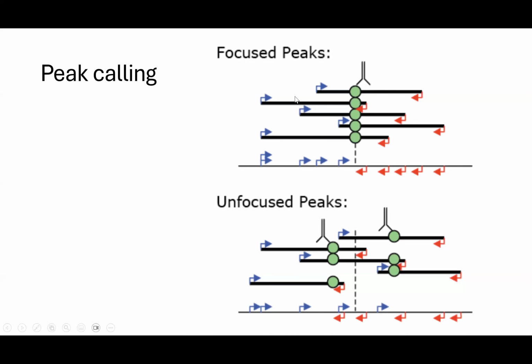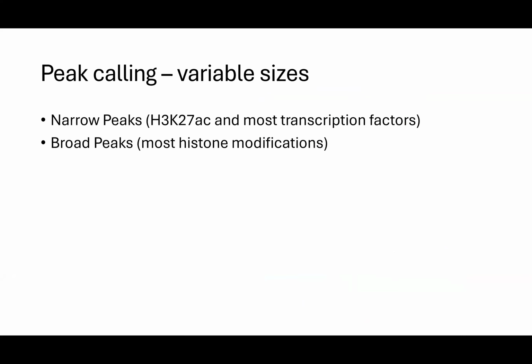HOMER calls these focused peaks and unfocused peaks, but each of them has different parameters. So what you end up getting is going to be determined by the assumptions you give the peak caller. Two things to consider: first, what the peaks of your target look like.